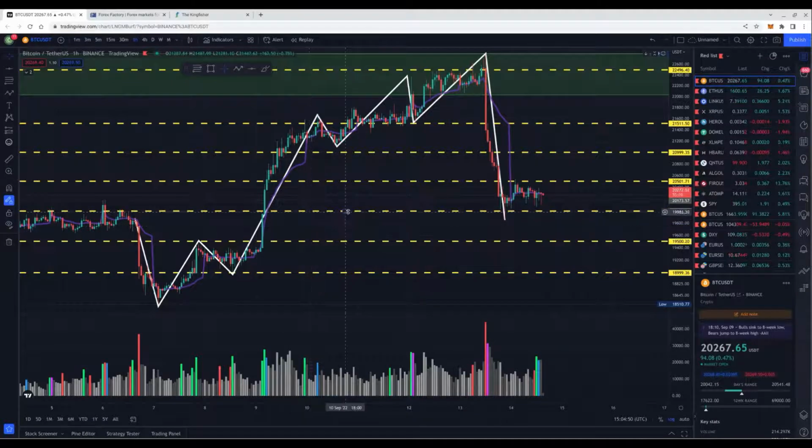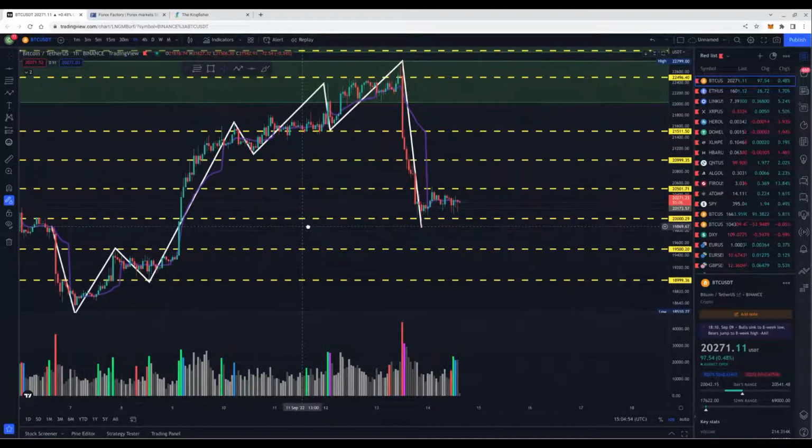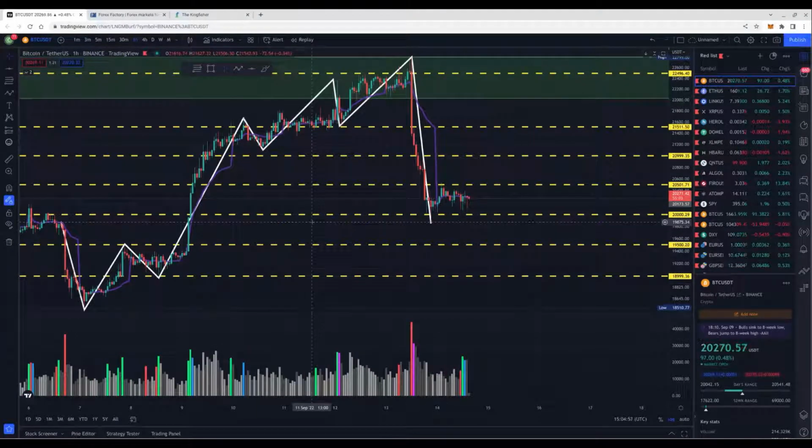The second thing we have to keep in mind is where the volume resides. Where are the big candles that show an imbalance in the chart? In this case we can see that we had a huge red candle here, and it's with high volume. I use the PVSR indicator. I recommend that you use it.